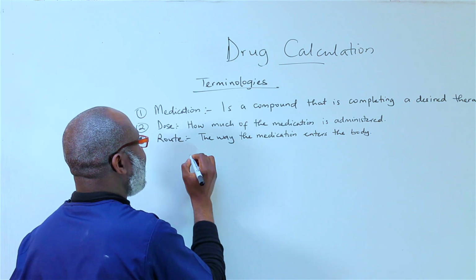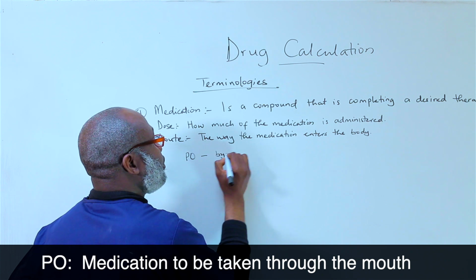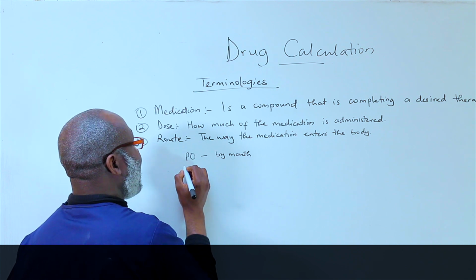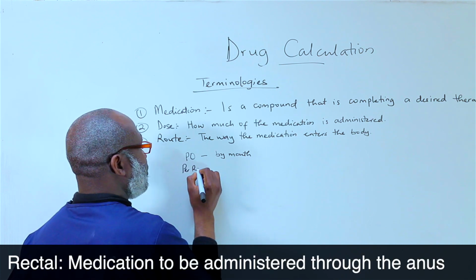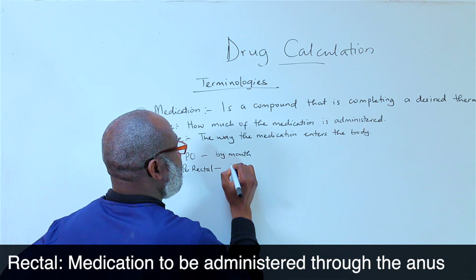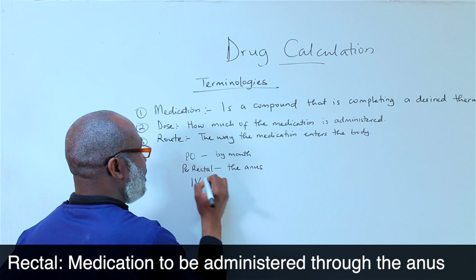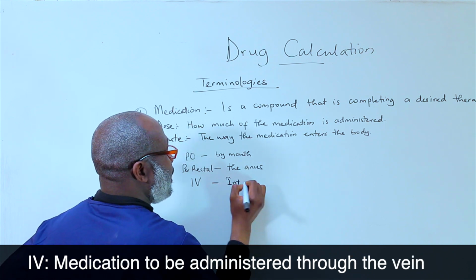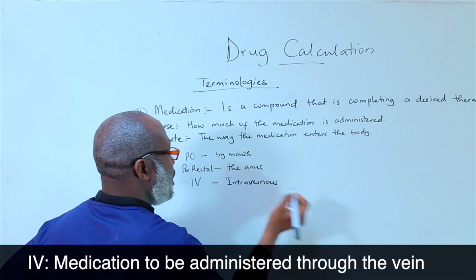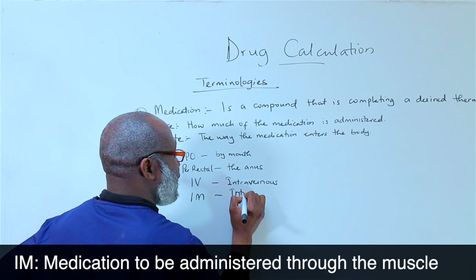For example, if they say PO, that means by mouth. If they say rectal, that is through the anus. If they say IV, that is intravenous. If they say IM, that is intramuscular.